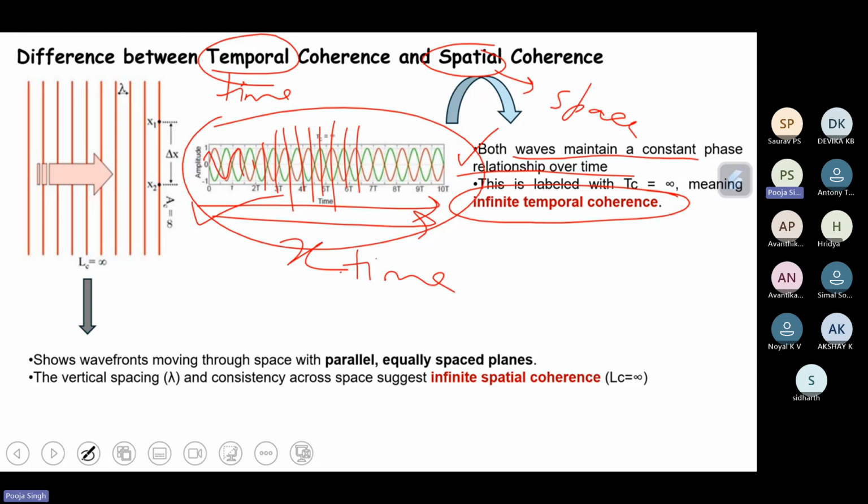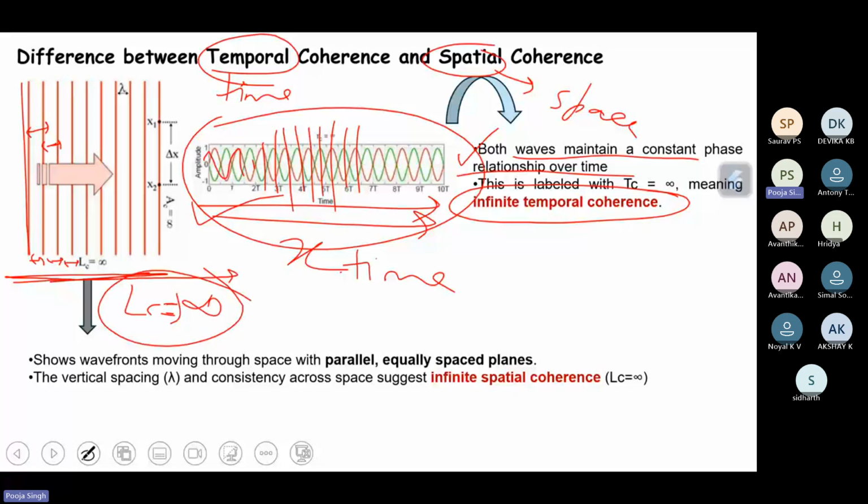But if you look at this graph, what it represents is parallel lines, but the widths of these parallel lines are almost equal, and this equality goes on infinitely. That means the coherence length is infinite.